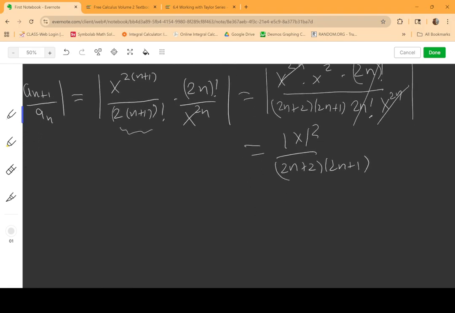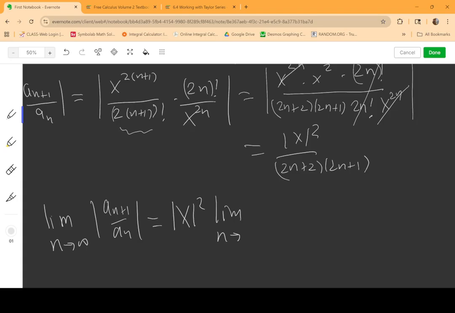So let's take the limit of this. The limit as n goes to infinity of a sub n plus 1 over a sub n goes to the absolute value of x squared. I'll take it out of the limit since it does not depend on n.